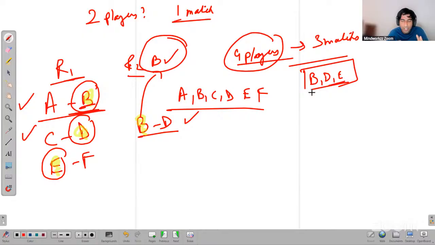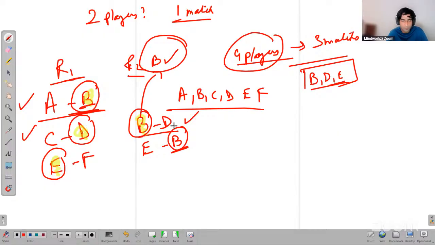If it is not told to you that all three players are going to play against each other, then in a knockout tournament you cannot make three players play one match each in a round, because E does not have anybody to play. If you end up taking B as the person E plays with, then the problem is that he's already played one match. So he'll end up playing two matches. And that is not the concept of a knockout tournament.